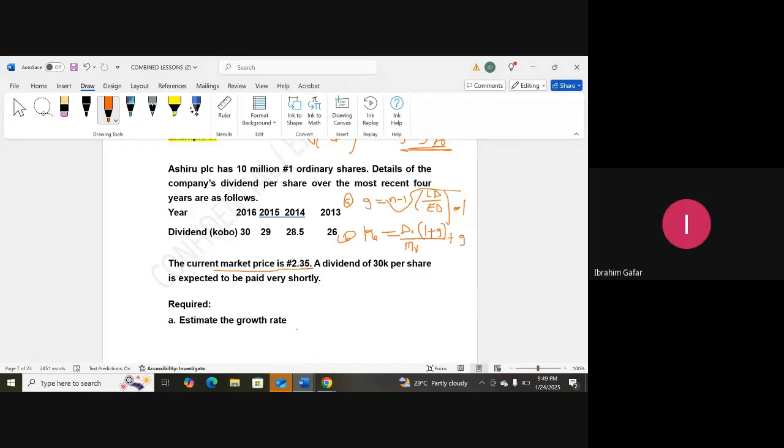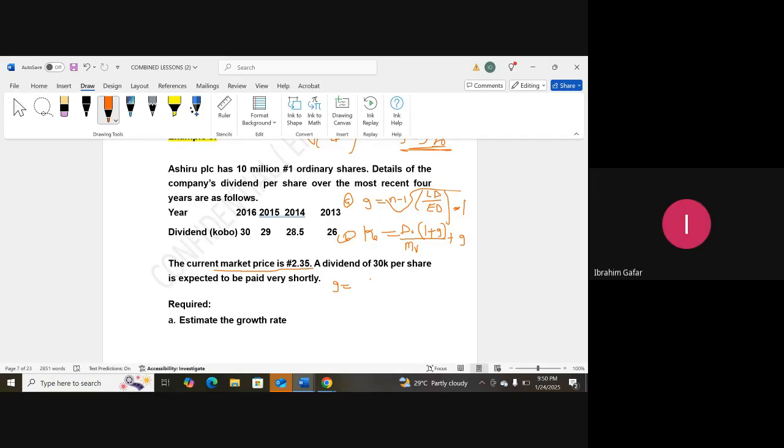Okay. So let us calculate our growth rate first, so that we can incorporate that growth rate in the B part. G becomes, what's the number of years? 4 years. Why is it 4 years? 5 minus 1.